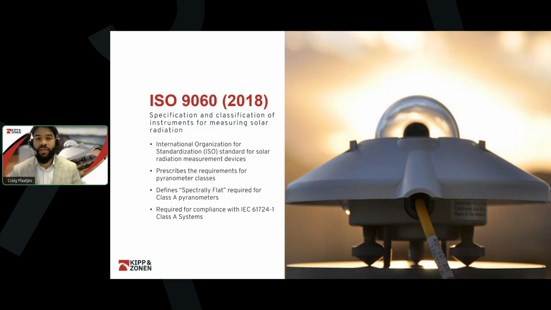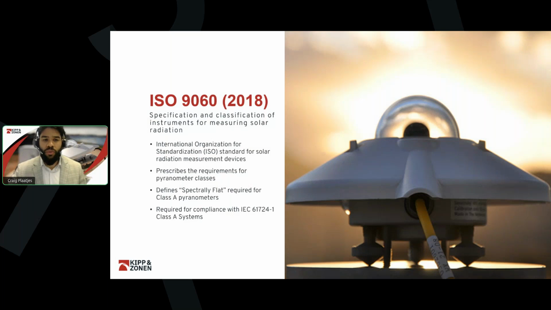Now, this is the standard that defines all the required performance criteria for radiometers, and that includes pyranometers. And it classifies instruments across operating classes based on how well they actually meet these different criteria points.